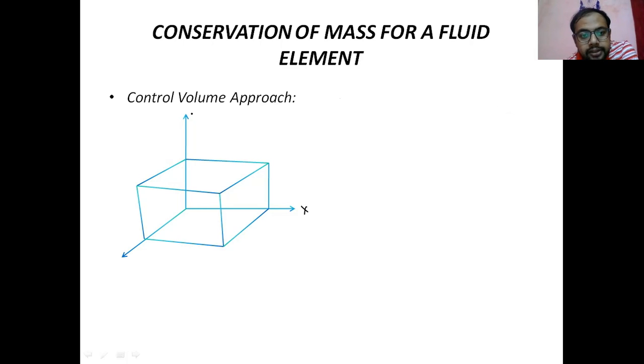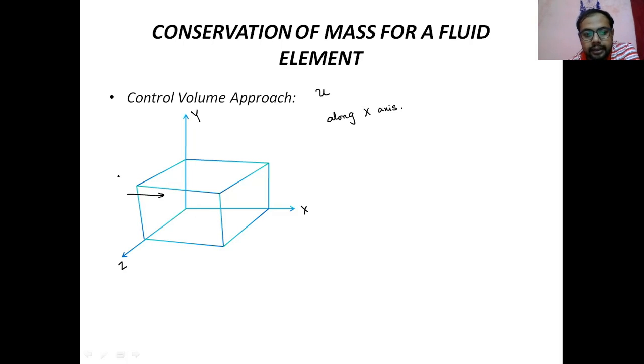So this is the x coordinate, y coordinate, z coordinate. For mass in, what mass is coming inside? Along the x-axis, u is the velocity. So we are just considering now the x-axis. How much mass is coming inside?